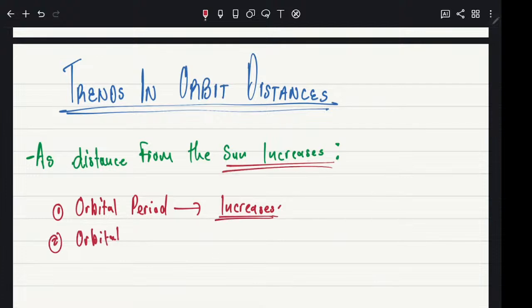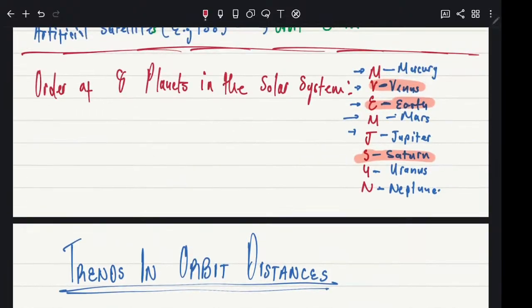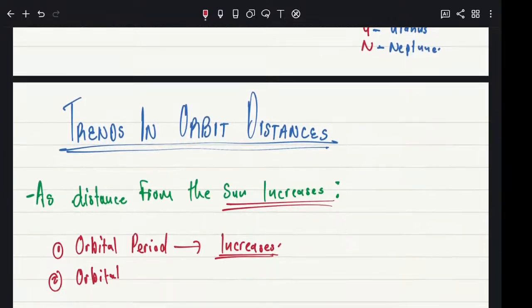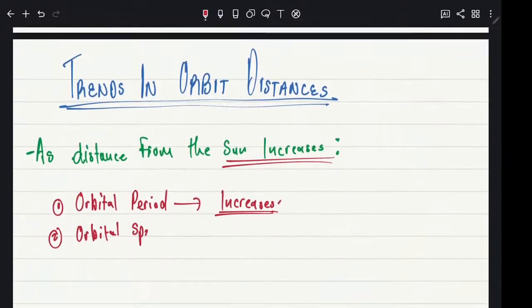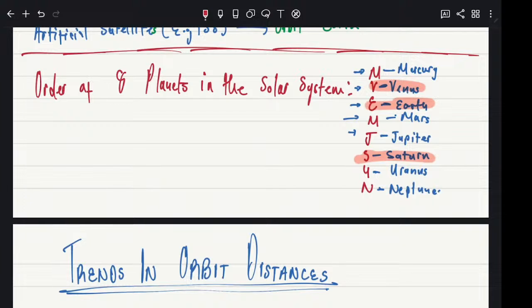They take longer. But who is the fastest moving? Does Mercury move faster than Venus? Does Venus move faster than Earth? Or is Earth faster than Venus? Let's do it. Orbital speed decreases. The Earth is slower than Mercury. It's slower than Venus. Do you hear me?